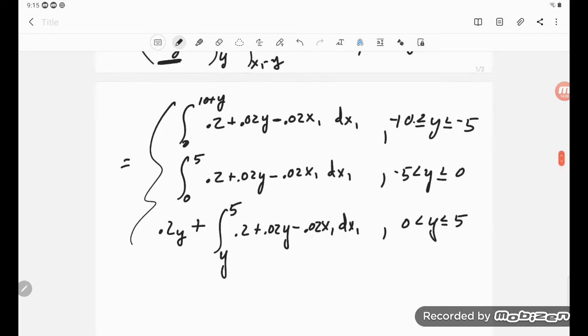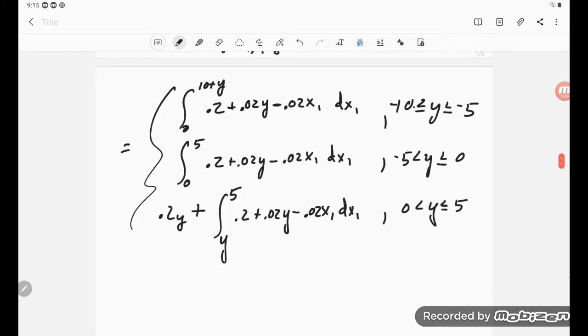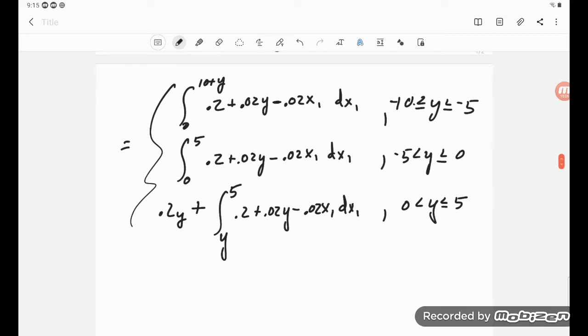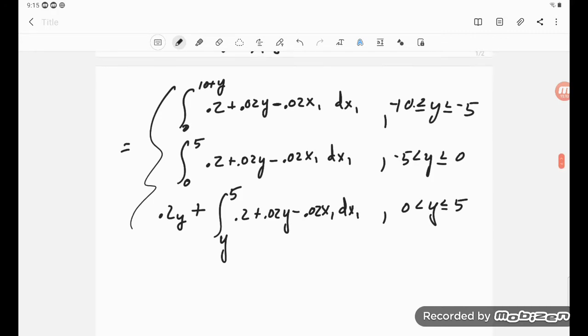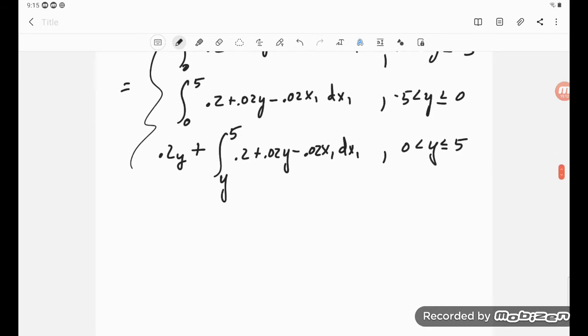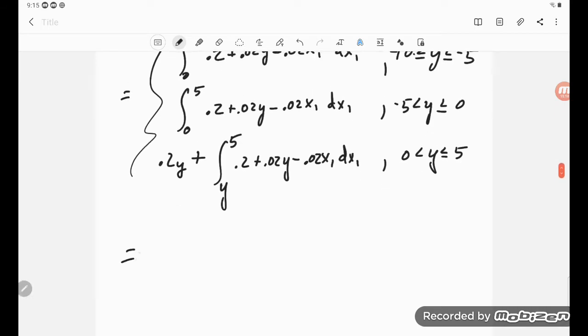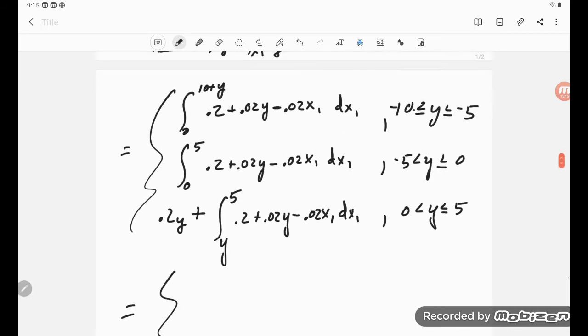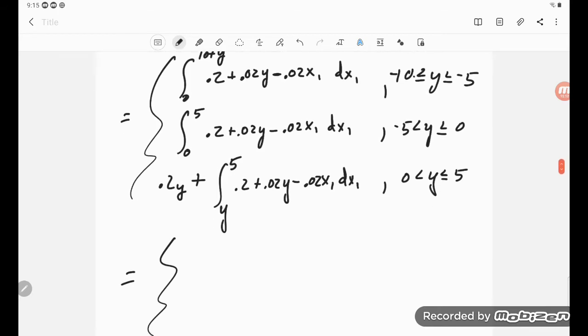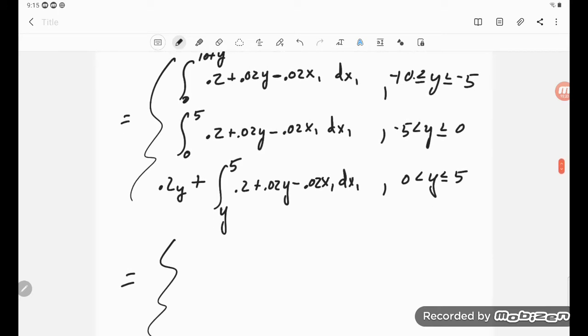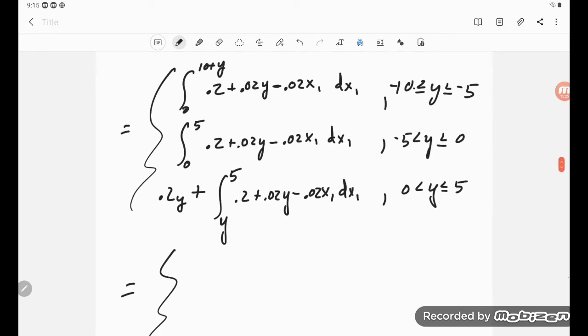Okay, and so we have those integrations with respect to x1, and so we get, what do we get? Well, the first two are kind of nice because they go from 0, so we won't get anything for the lower part.